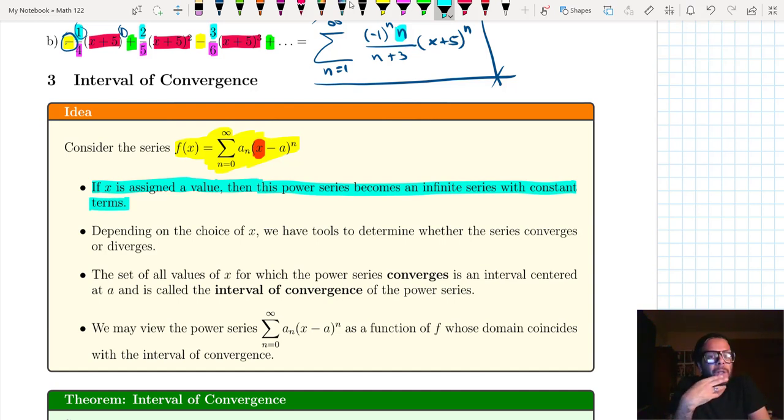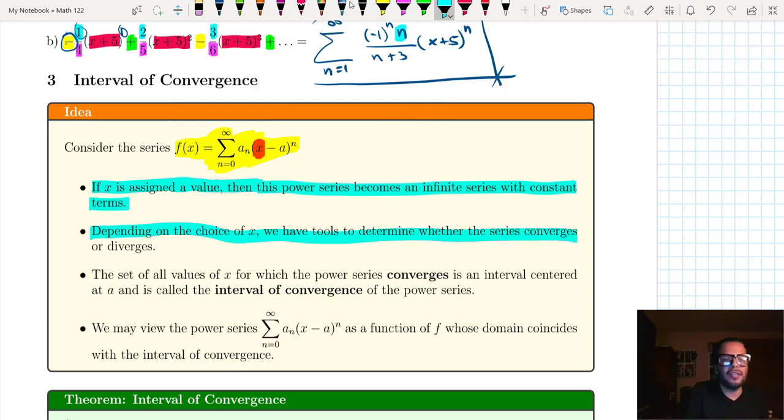However, we are going to be looking for values of x that make the series converge. So that's what we're going to do: find the set of numbers, represented as an interval, that give us a convergent series.